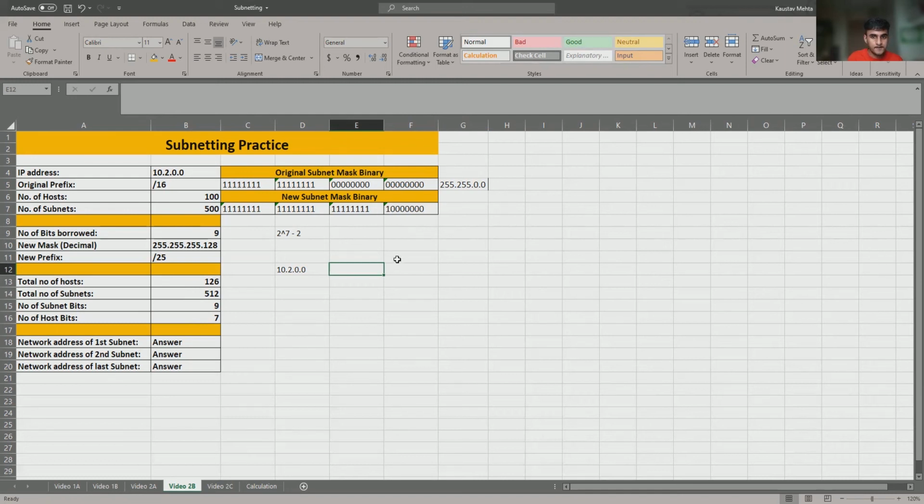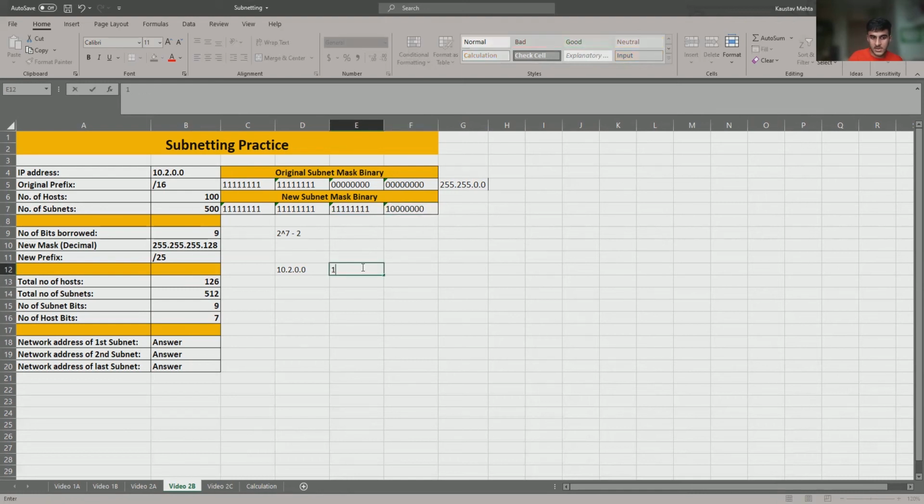So now using the magic number technique, we know that they'll go up by iterations of 128 first, and then we move on to this octet.